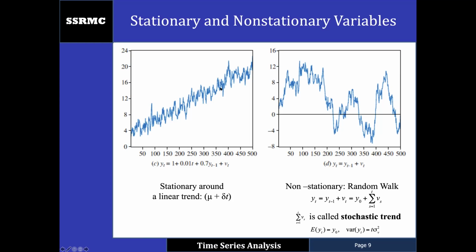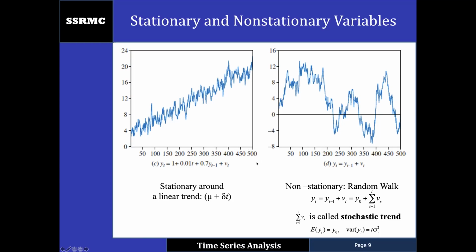Along this upward trend line, the distribution of those observations is quite random around this linear trend. So it's stationary, although it does have a constant increasing trend.